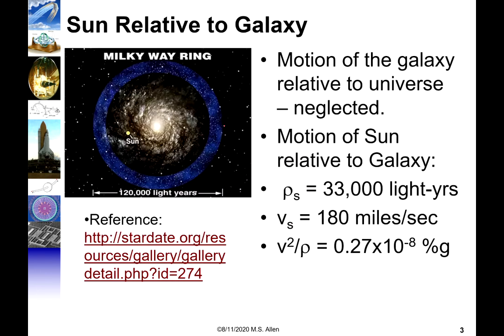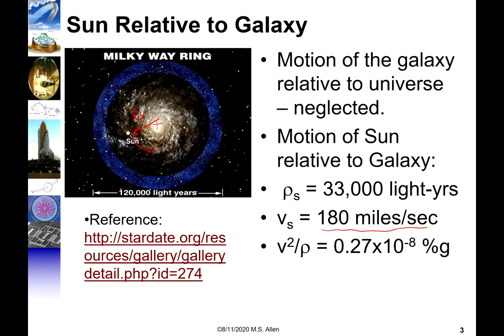So first of all, the Sun relative to the galaxy. This picture shows where our Sun is relative to the center of the Milky Way galaxy. And astronomers have calculated that the distance between the center of the galaxy and us, this distance right here, which we call rho sub s, is 33,000 light years. And as we travel around the galaxy, we're moving at about 180 miles per second.